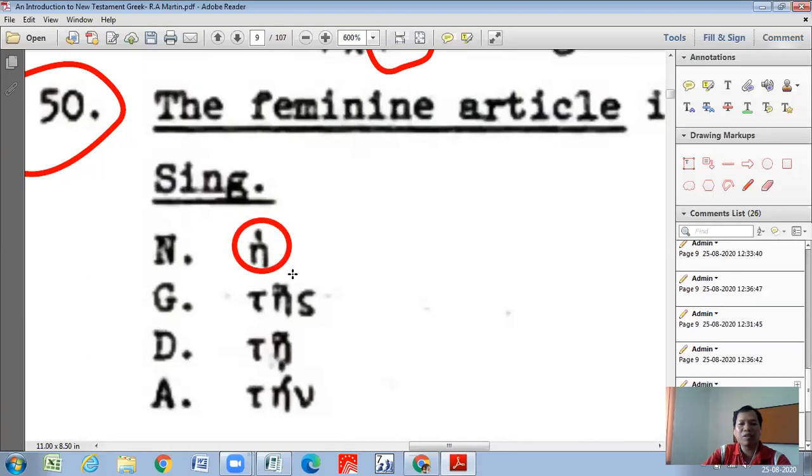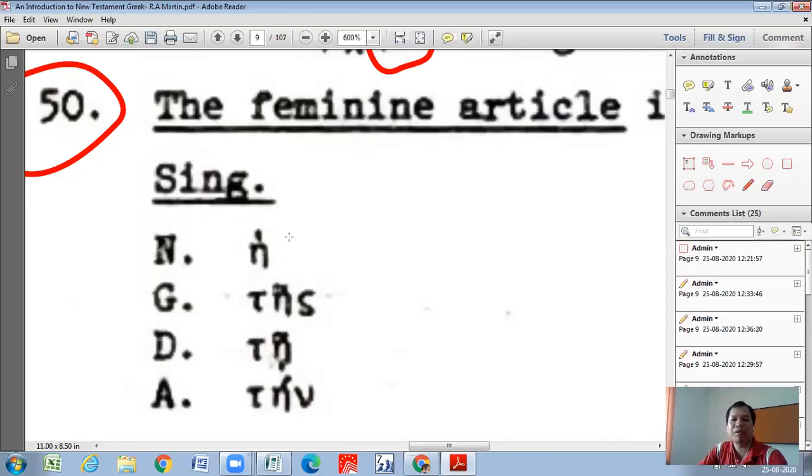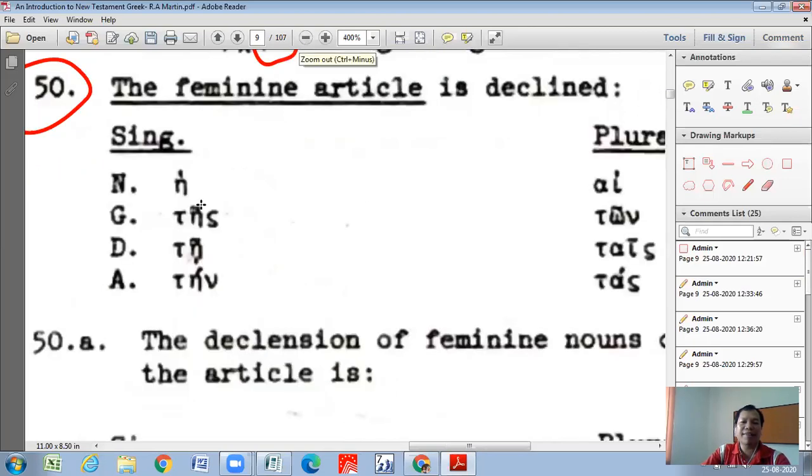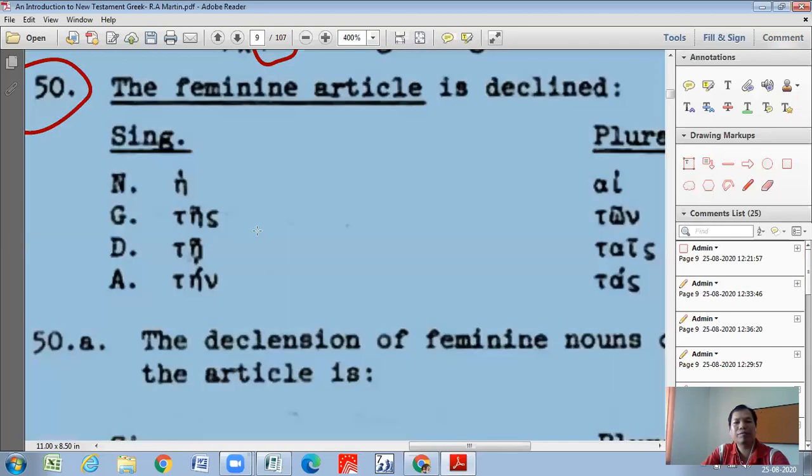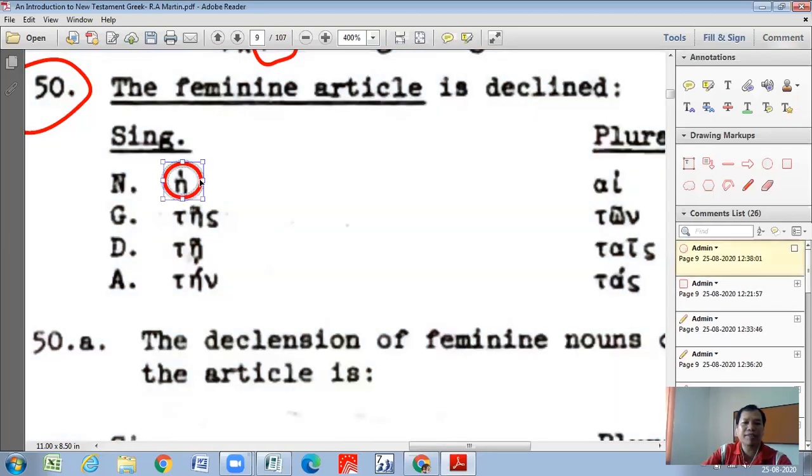So it is not e, it is he. You know that rough breathing always takes the H sound. So he, then tes, ten, sorry, te and ten.